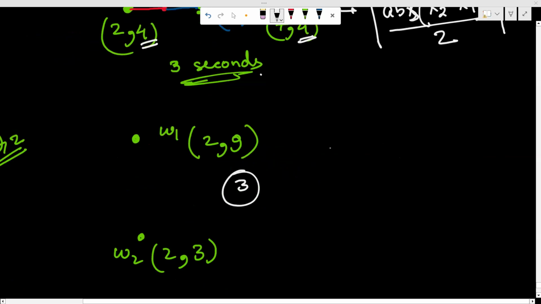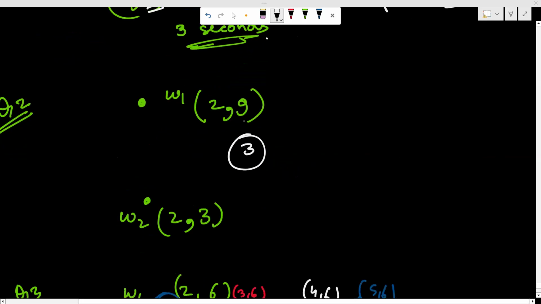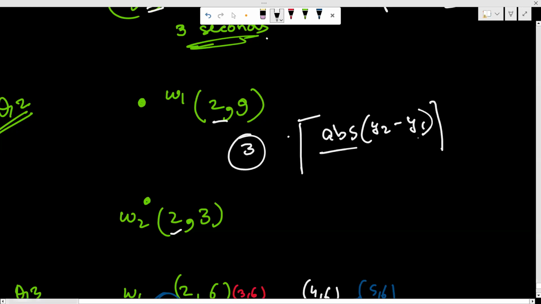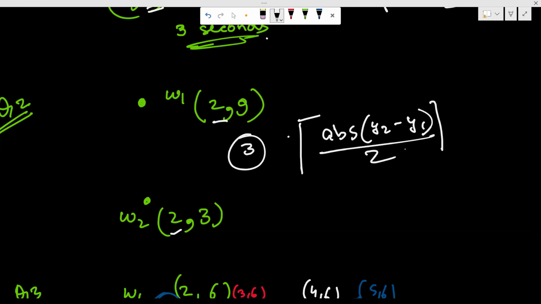Similarly, when these 2 points were vertically placed, that is, they had the same x-axis, in that case, the answer will be nothing but the ceil value of the absolute value of y2 minus y1 divided by 2. Do you guys agree? Yes?